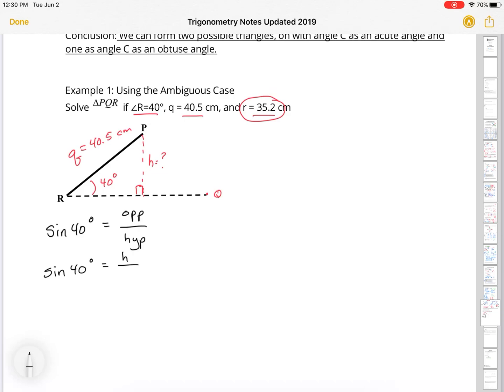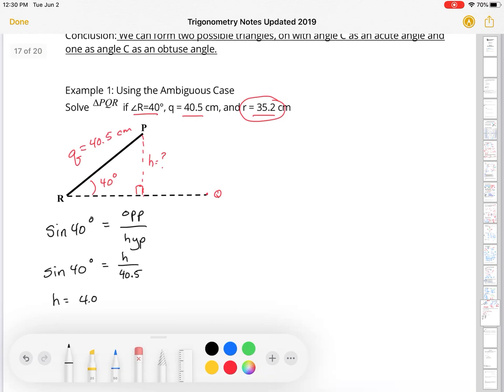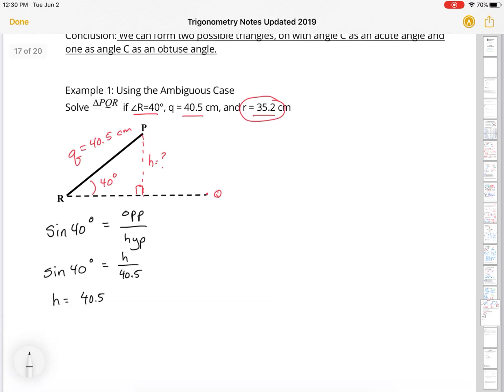So sine of 40 is equal to the h over 40.5. So rearranging to solve, h is equal to 40.5 times sine 40 degrees. So h equals 26 centimeters.